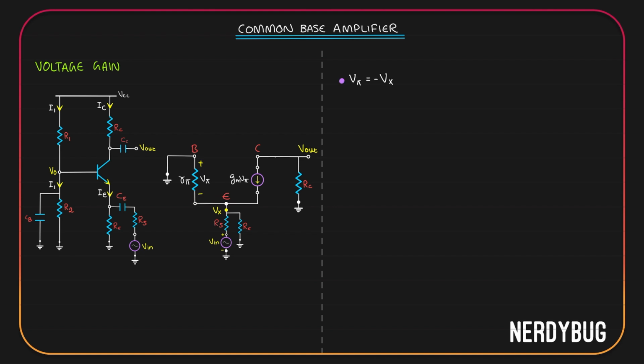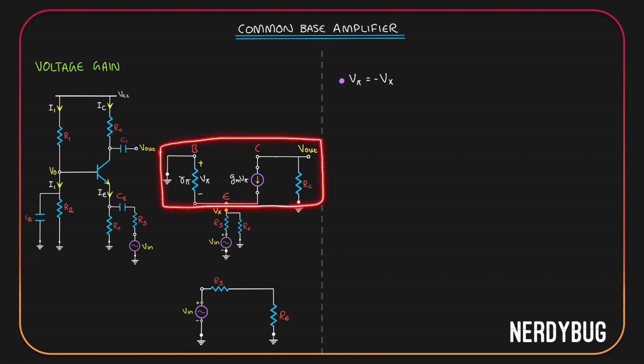Now we need an expression for Vx. For that, let us make a simplified model of the small signal model. We have V input to which we have Rs in series. From Rs, we have Re that goes back to the ground. We have already found the input impedance of the rest of the circuit model. It is 1 by Gm.